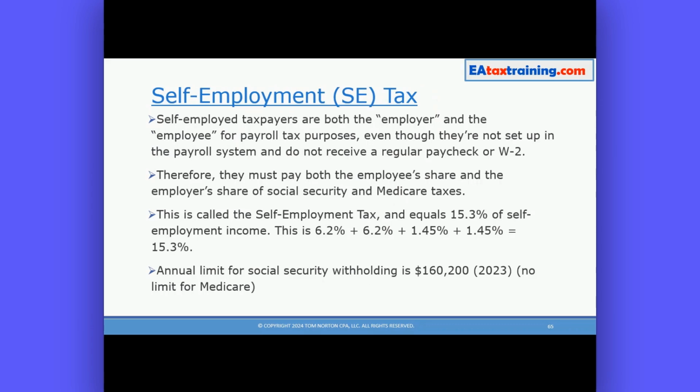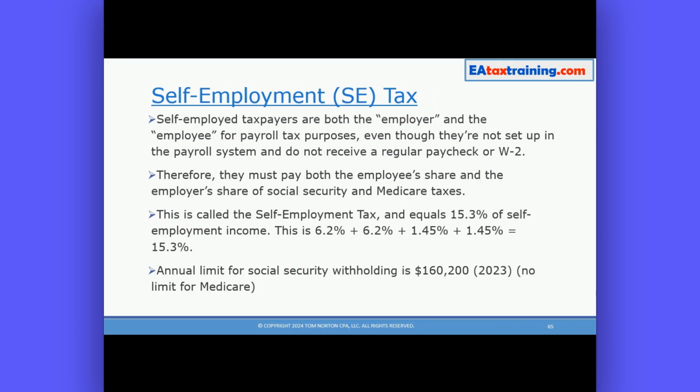Self-employment tax. Self-employed taxpayers are considered both the employer and the employee for payroll tax purposes. We talked about this in part 1, so this is just a reminder. So if you're self-employed, you're not having Social Security and Medicare withheld from your paycheck.